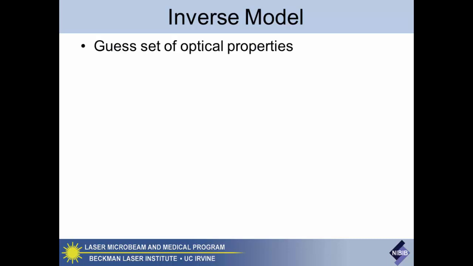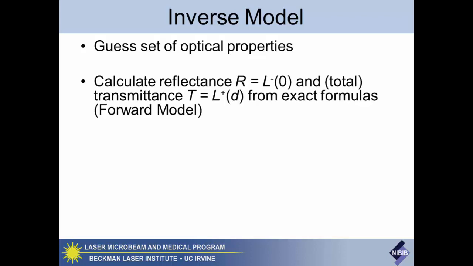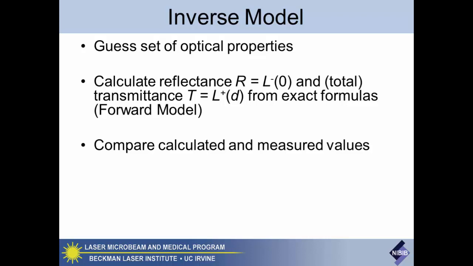So, just in very general terms, the setup of this inverse model, since it's an iterative process, start off with an initial guess at optical properties, calculate what the reflectance and transmittance should be from this forward model, and compare that to your measured data, and then test for goodness of fit. So again, then you go through, update your initial guess, try to minimize until you come up with a solution.